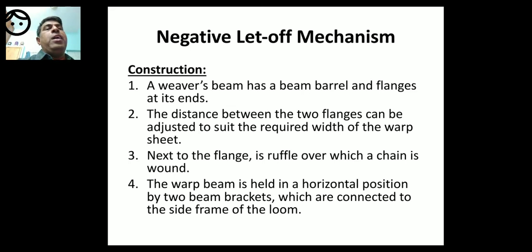So third point, next to the flange is ruffle over which a chain is wound. Fourth point, the warp beam is held in a horizontal position by two beam brackets which are connected to the side frame of the loom.